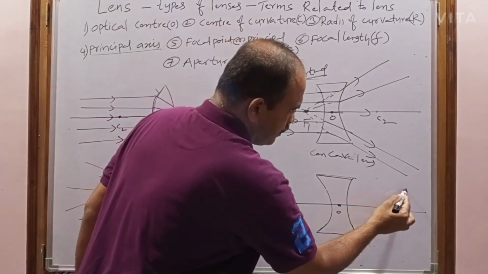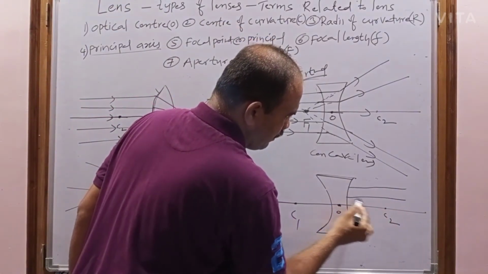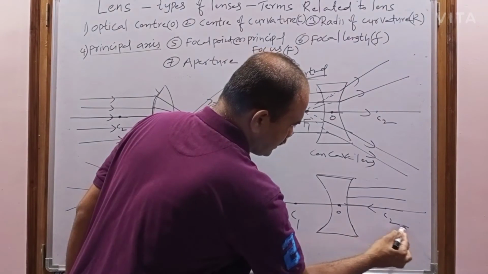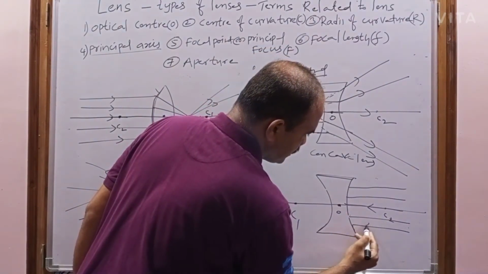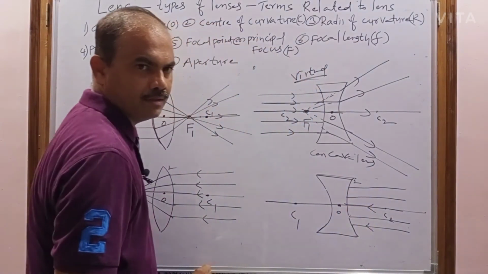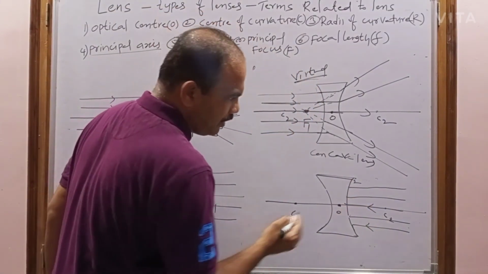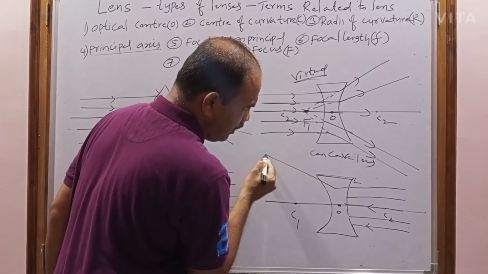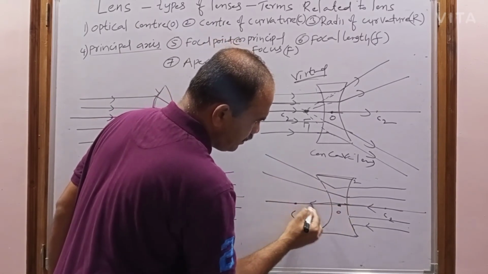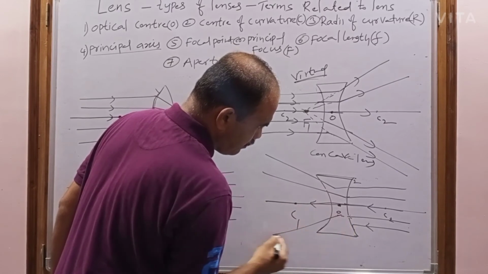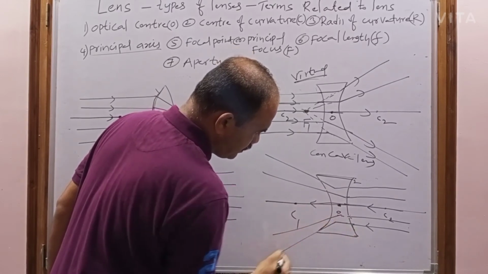Now let us imagine a parallel beam of light which is parallel to the principal axis is incident on the second surface. After refraction, what happened? After refraction, all these refracted rays will be diverged.